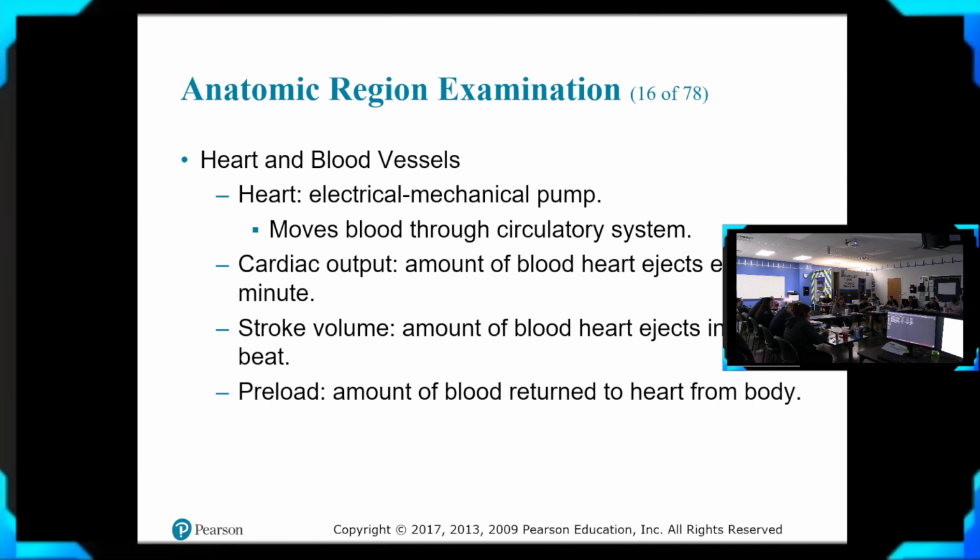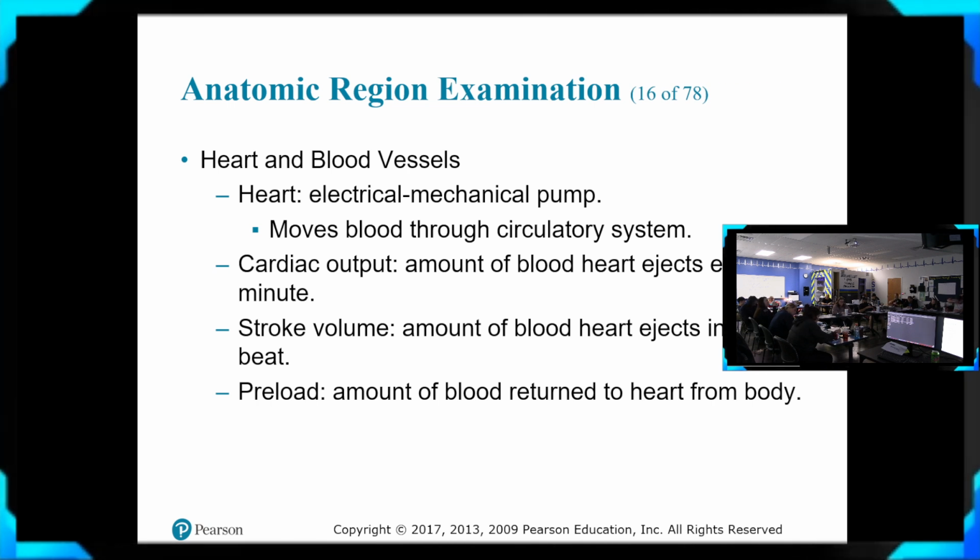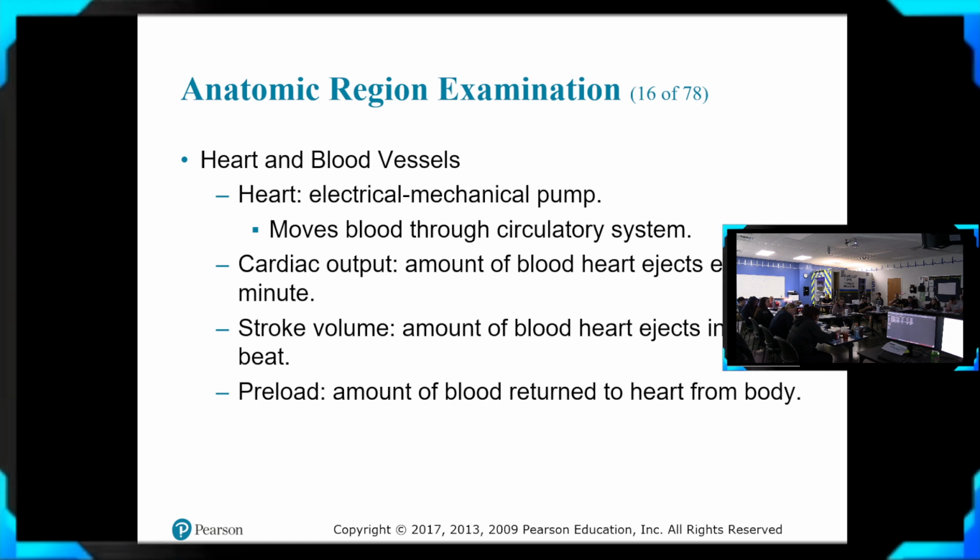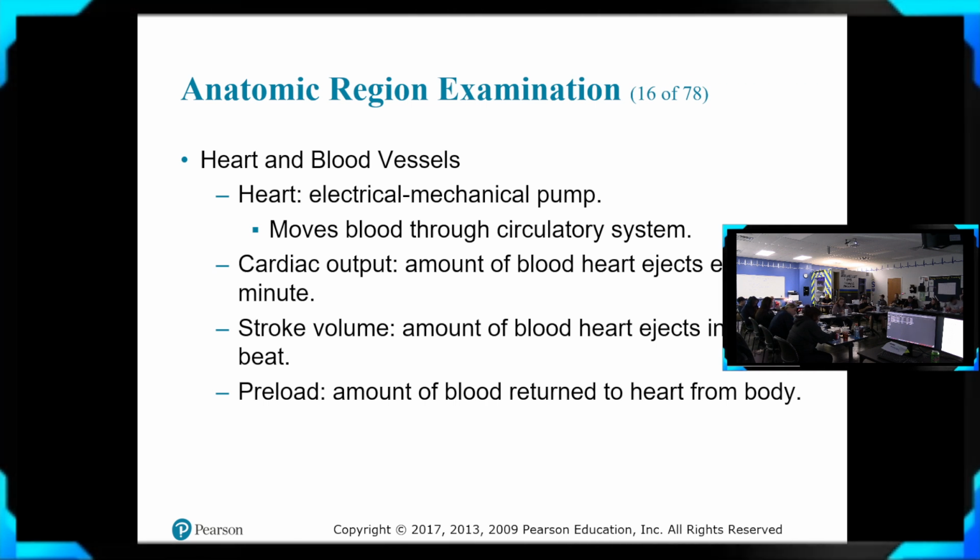And preload is the amount of blood that is returned to the heart from the body with each heartbeat. So what's coming back in to the where? The right atrium. The right atrium, thank you.